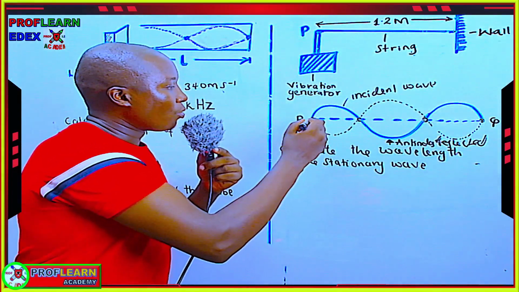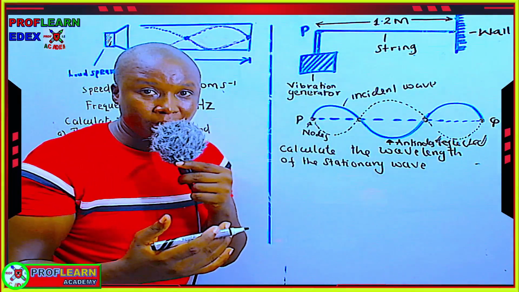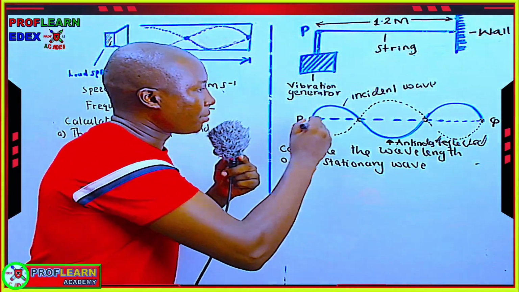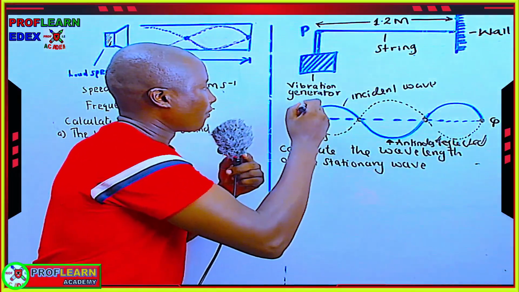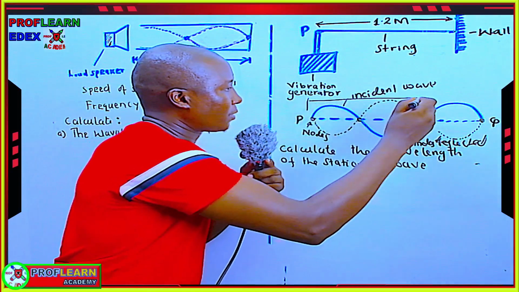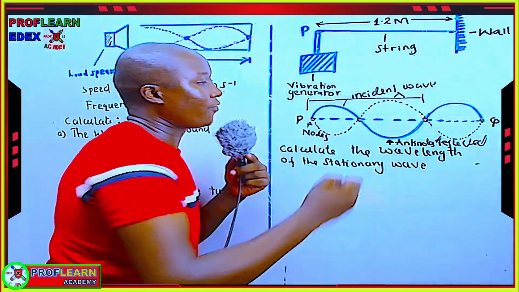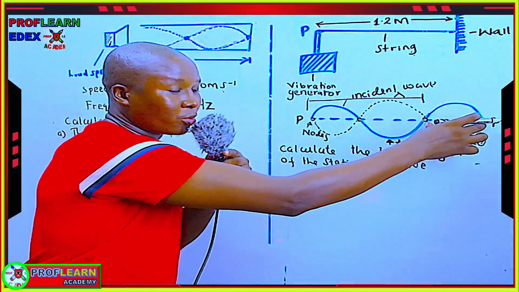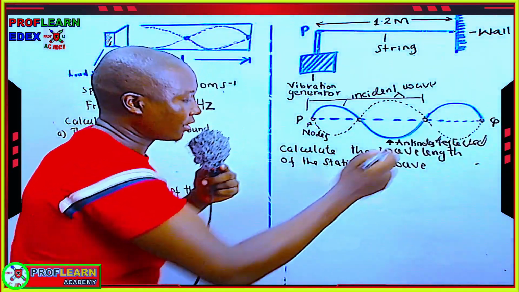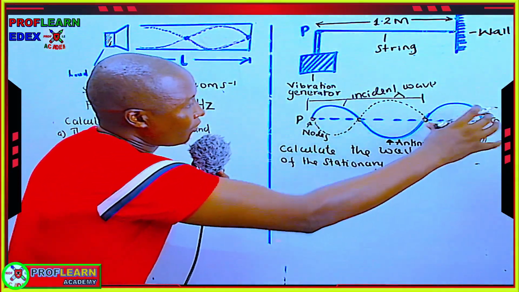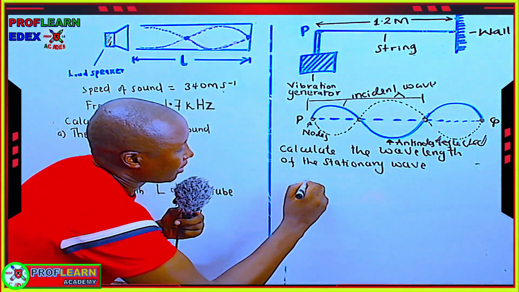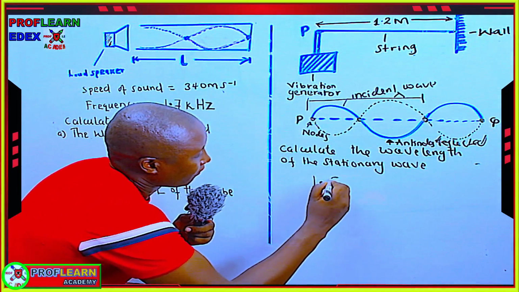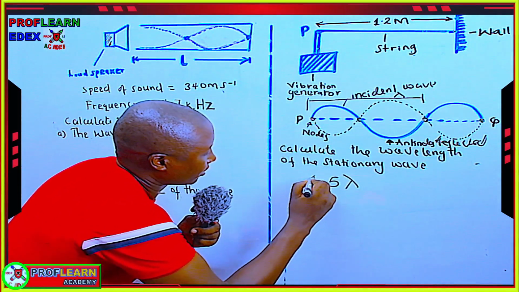So how many wavelengths do we have from this point P to point Q? From here to this point gives us one wavelength, and this one is going to give us half a wavelength. So the total number of wavelengths we have in this part is 1.5 wavelengths.